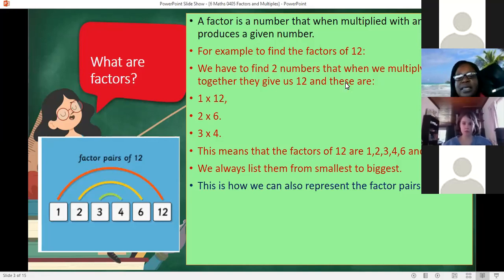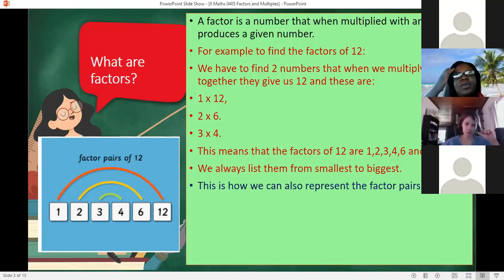So for example, here, we are looking for factors of 12. So the first factor of a number is 1. All numbers have 1 as a factor, and the number itself. So if we're looking for factors of 12, then 1 and 12 are the first ones, such that if you have the number 3, 1 and 3 will be the first factors that you write.